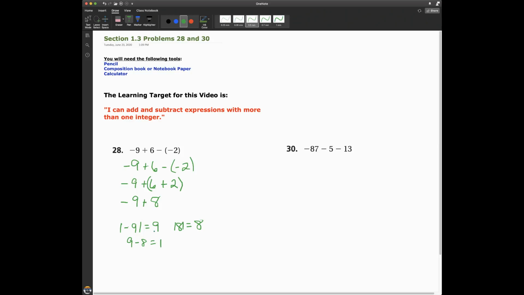But I want to keep the sign of the bigger number. Here's the bigger absolute value, so I want to keep that negative sign in my answer. So this becomes -1. So the answer to my problem is -1. -9 plus 6 minus -2 is -1.